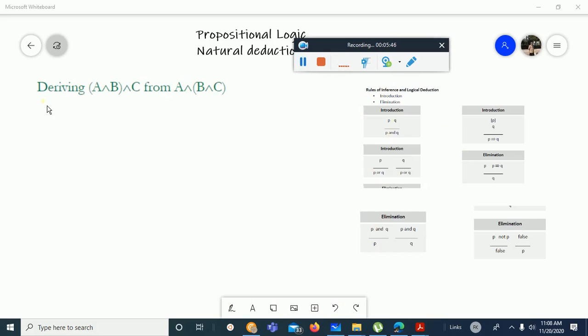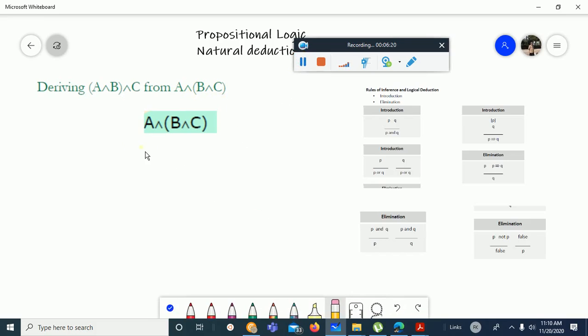Now we have to derive A and B and C from A and, in brackets, B and C. So we have got this: A and, inside the bracket, B and C. From this we can deduce statements.